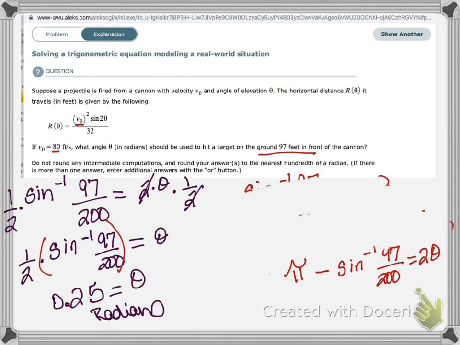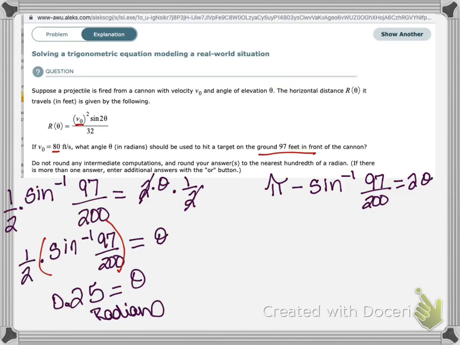So let me rewrite this so that we can be sure that we understand what's going on here. I've got pi minus sine inverse of 97 over 200 equals 2 times theta. Now remember, we just multiplied the other one times 1/2.